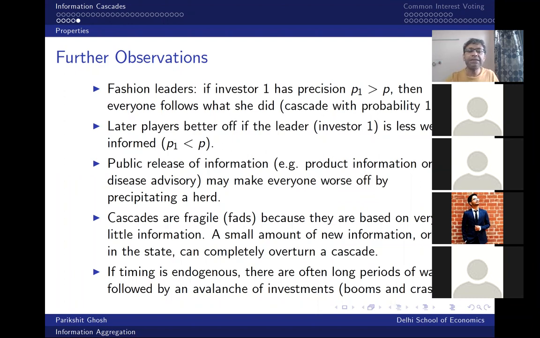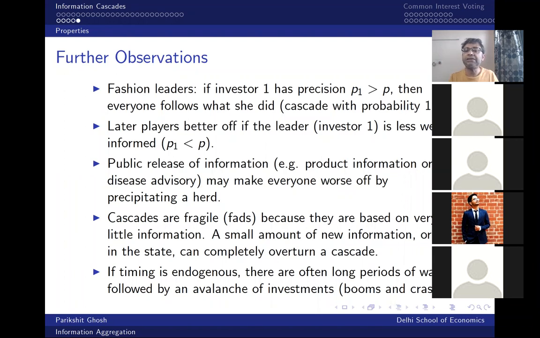So let's say the information being released is exactly like this, right? It's like the first investor's signal: it is slightly superior or slightly less noisy than the signals of individual agents. So if such information is released into the public domain, that means that every agent, starting from the very first one, will just look at the public signal and make a decision based on that.